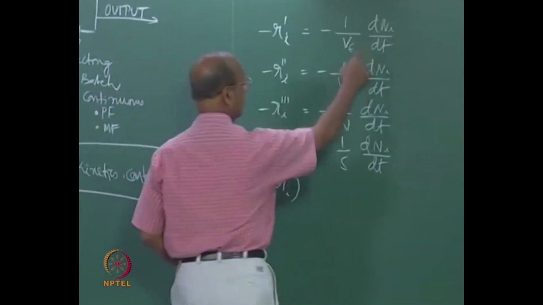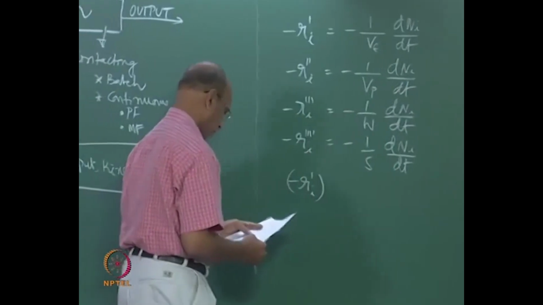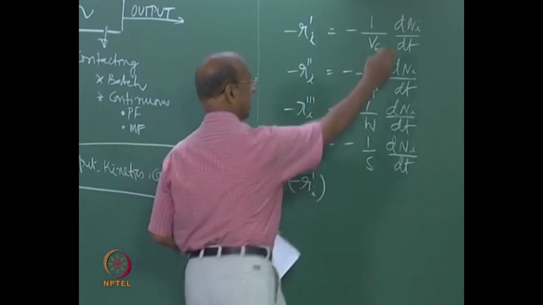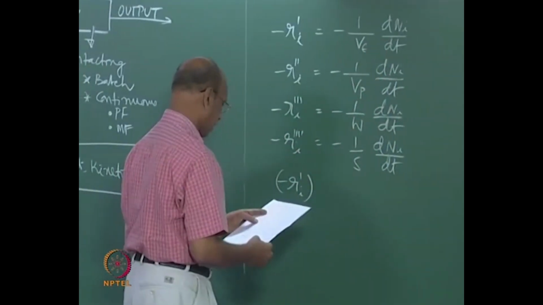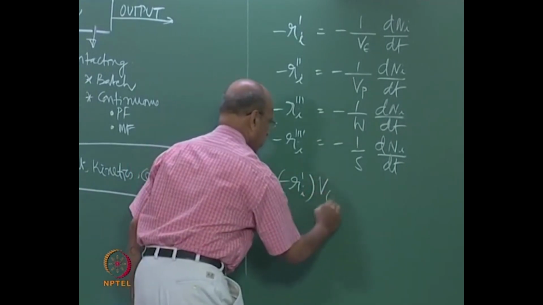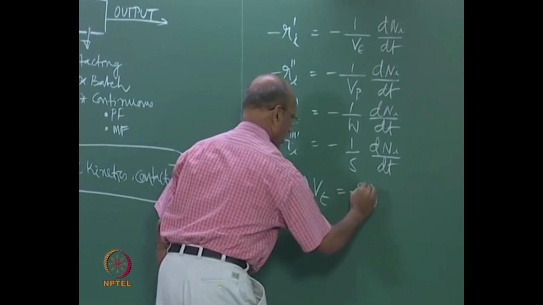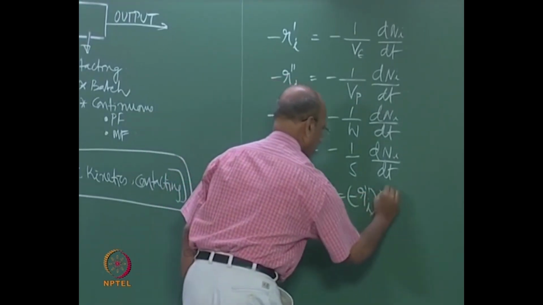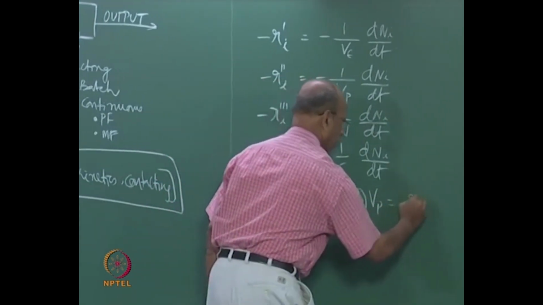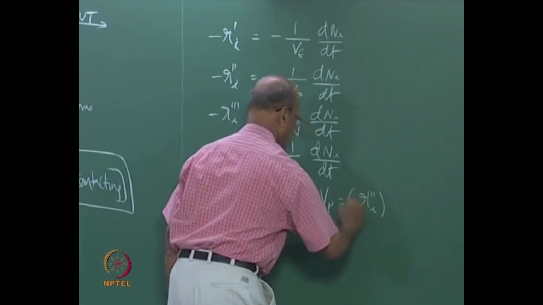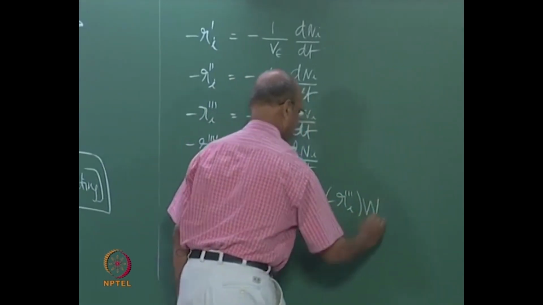Now taking this dNi as equal, because it is the same dNi, we can write these equations very easily. This is V epsilon, Vp, W.